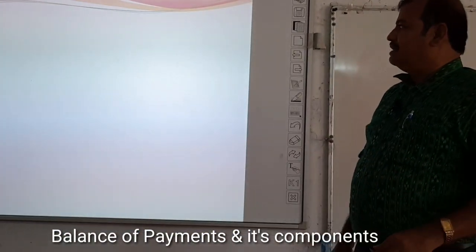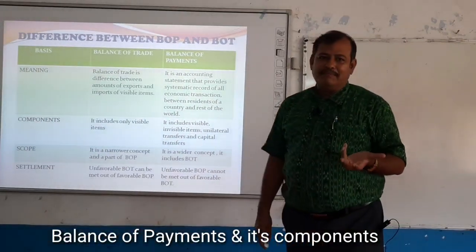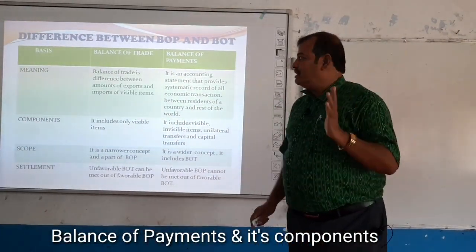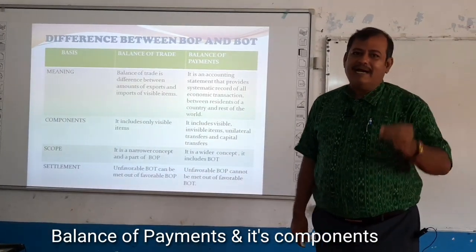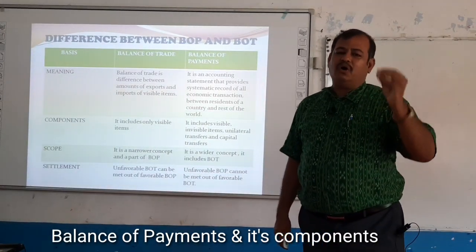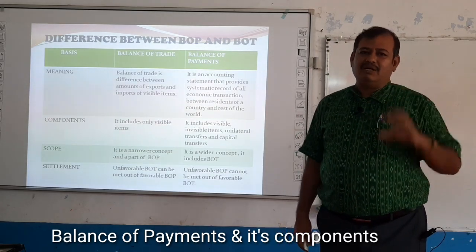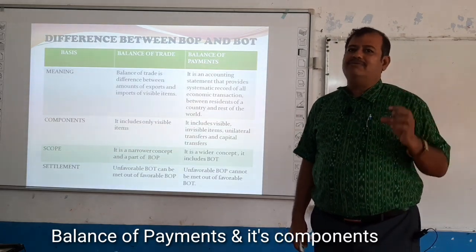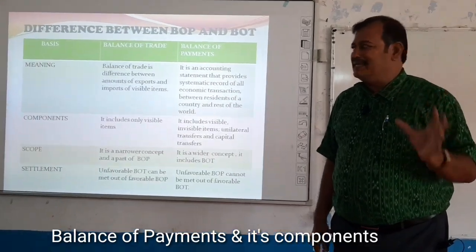And sometimes a 3-mark question is asked: what is the difference between balance of payment and balance of trade? The difference is that balance of trade is a part of the current account of the balance of payment, whereas balance of payment includes the capital account as well as the current account, that is, economic transactions.